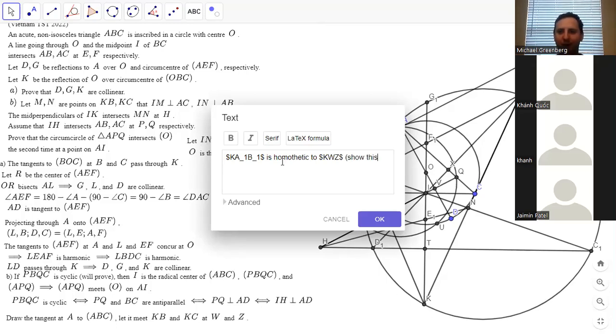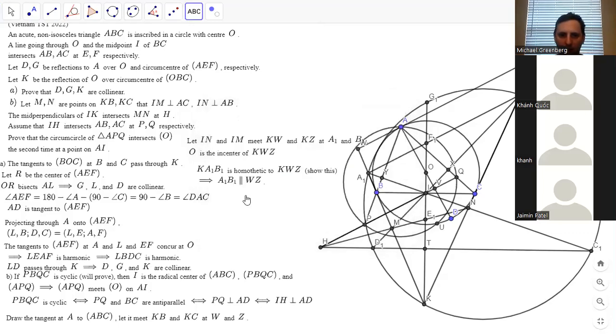So we were able to prove this, but I'm just going to abbreviate. I'm just going to shorten everything for now. So that means that A1B1 is parallel to WZ. And WZ is perpendicular to AD.